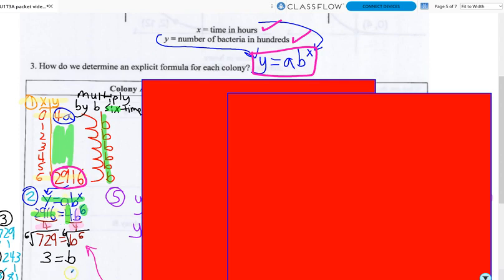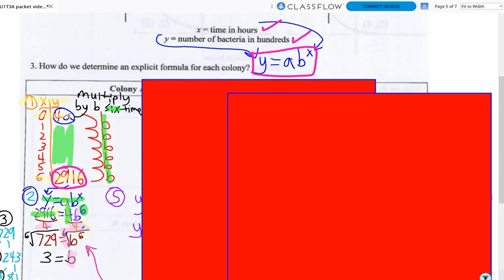To undo a power of 6, I am going to take the 6th root of b to the 6th to get b by itself, because remember, a 6th root undoes a 6th power.